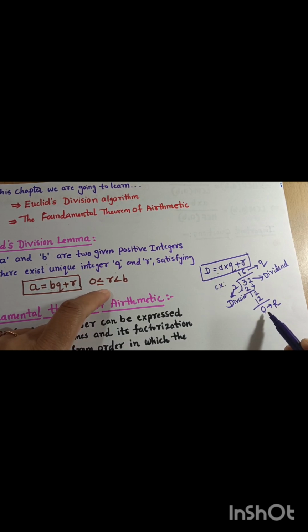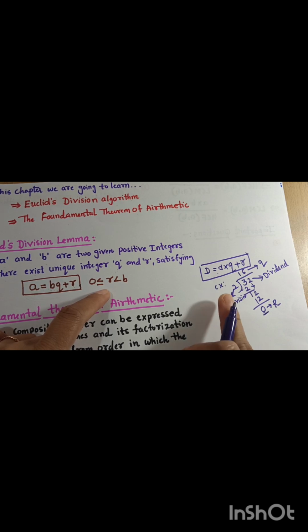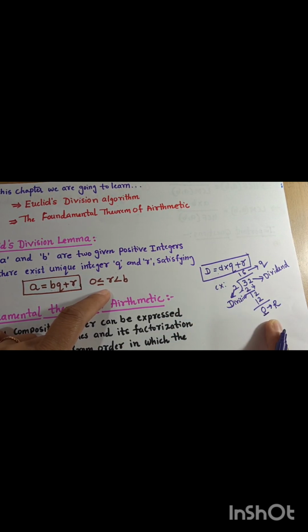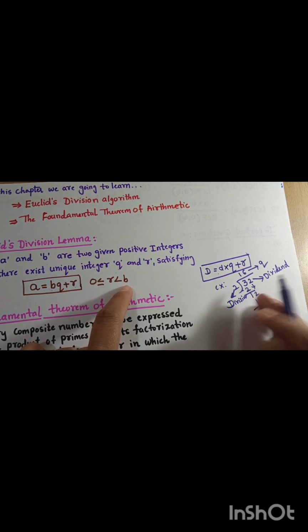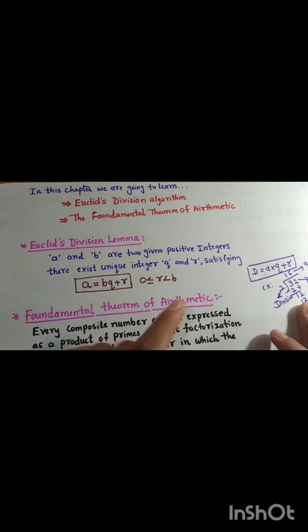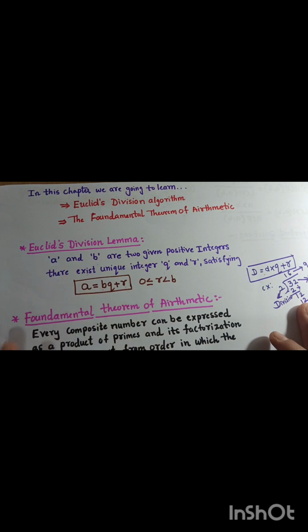Sometimes it is equal to 0, as we got here, or sometimes we get smaller values like 1, 2, smaller than whatever divisor they gave. b means divisor, and the remainder is always smaller than b. So it satisfies this. This is Euclid's division lemma.